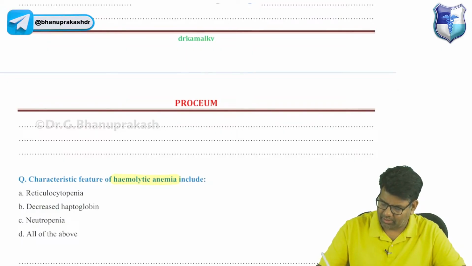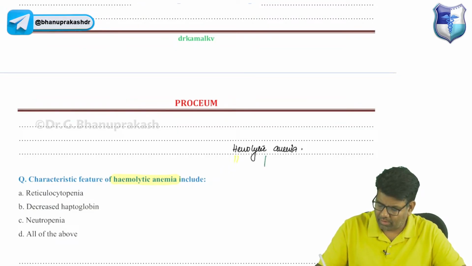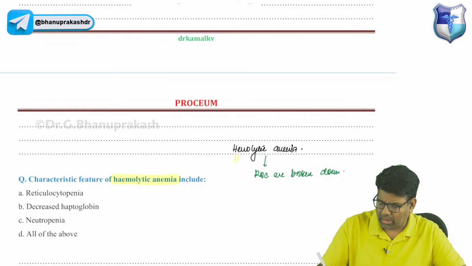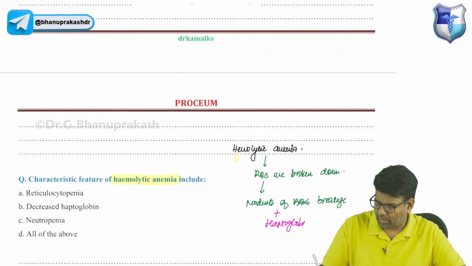When we say hemolytic anemia, RBCs are broken down and the products leak out, and they bind with haptoglobin, right?